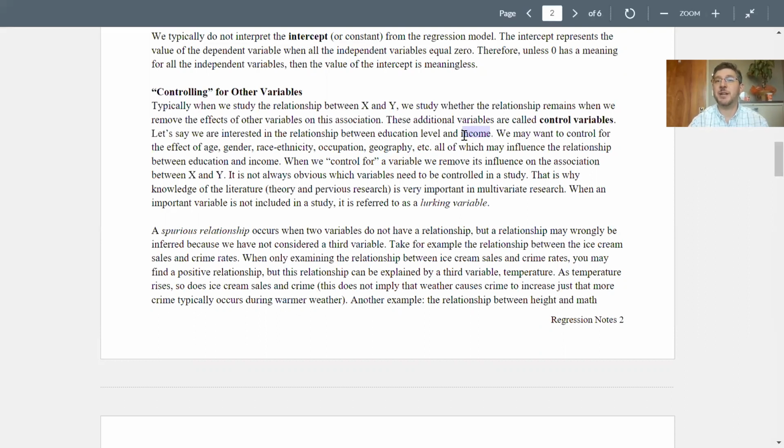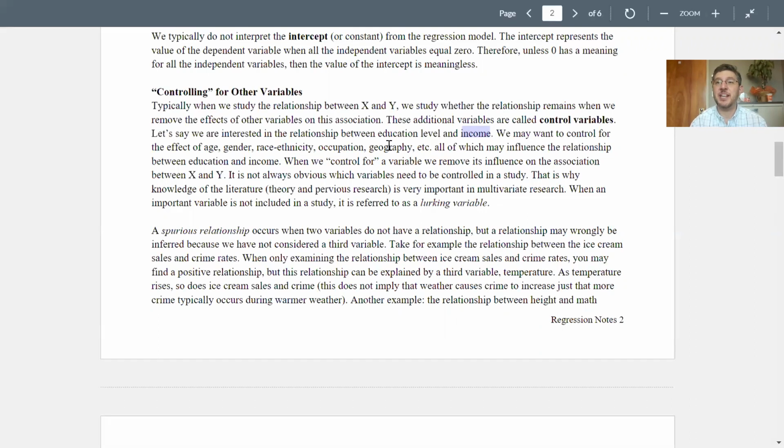What are some other things that might influence income, like the age of the person, their occupation, where they live? We want to take those kinds of things into consideration when we're looking at the relationship between education and income.